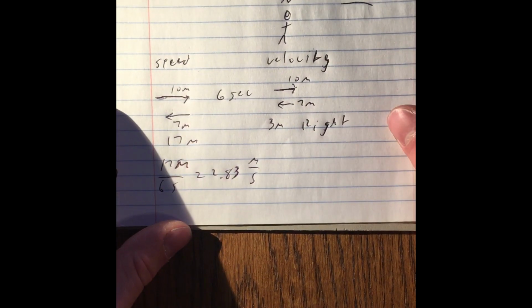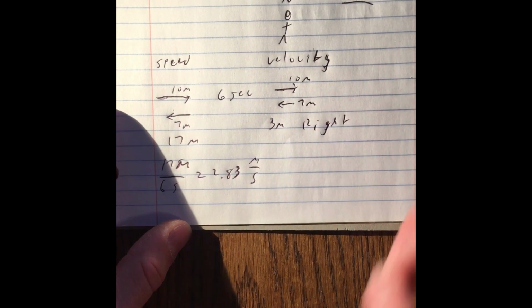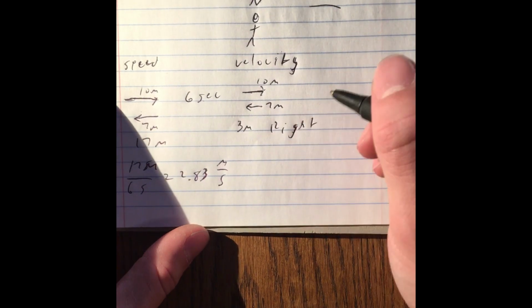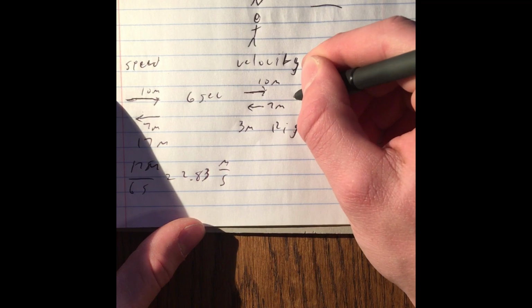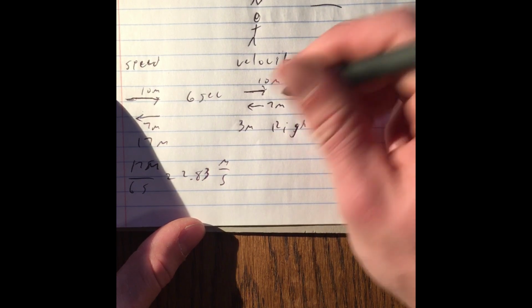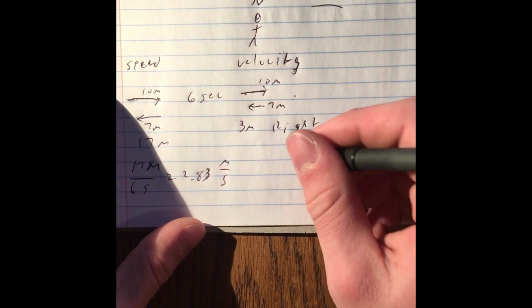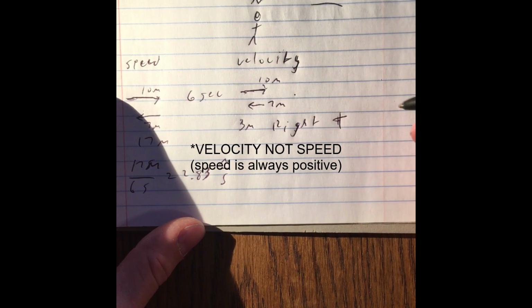However, his velocity is based off displacement, which is just the amount that an object has moved from its starting position. So even though Spike might have moved 17 meters, he realistically only moved to 3 meters from his original position, and 3 meters to the right. So if right is positive, then his velocity is just going to be positive too.